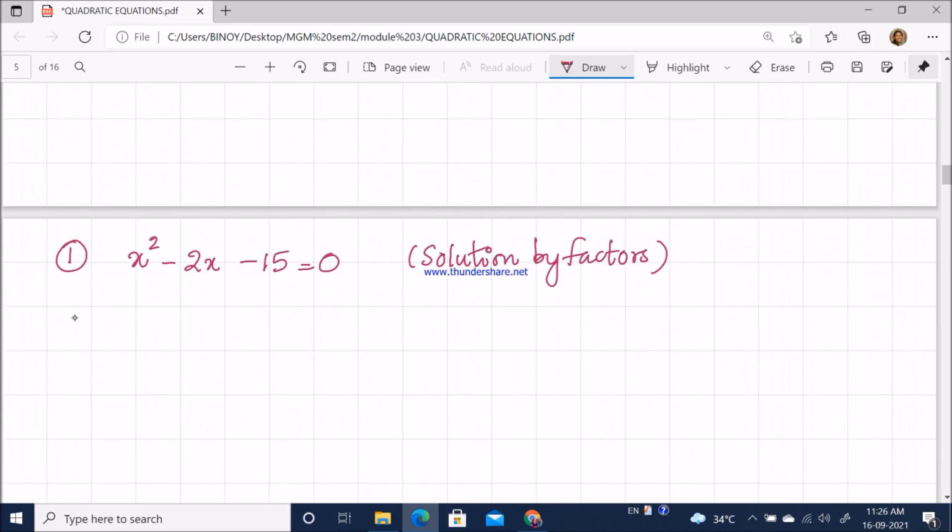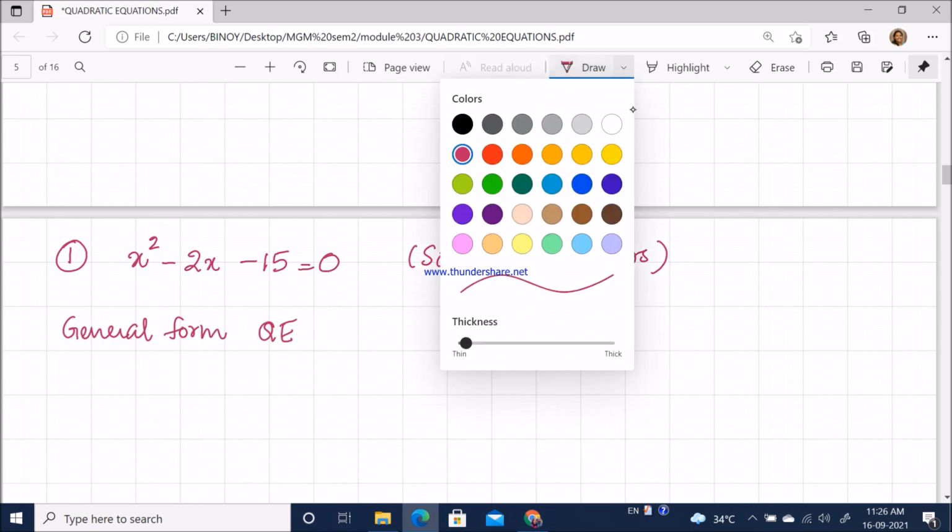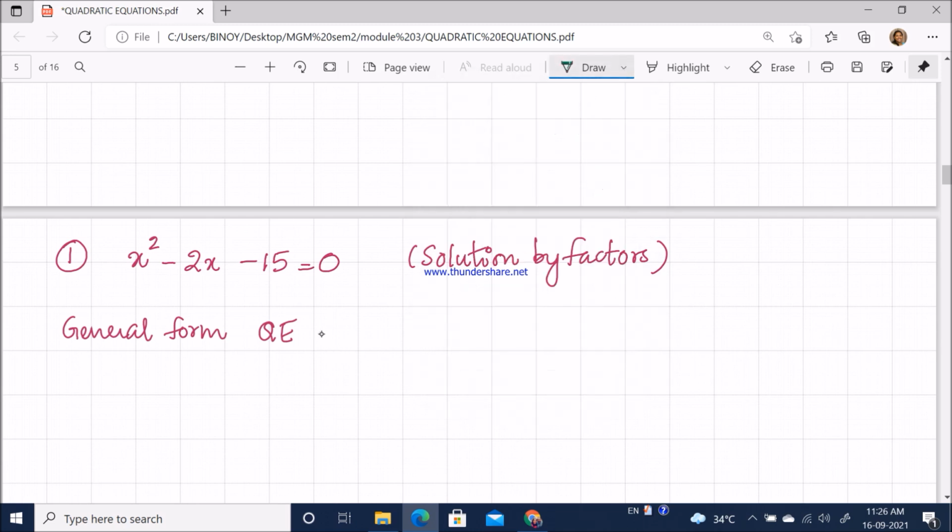So the general form of quadratic equation is ax square plus bx plus c equal to 0. So the coefficient of x square, a, is equal to 1, b is equal to minus 2 and c is equal to minus 15.